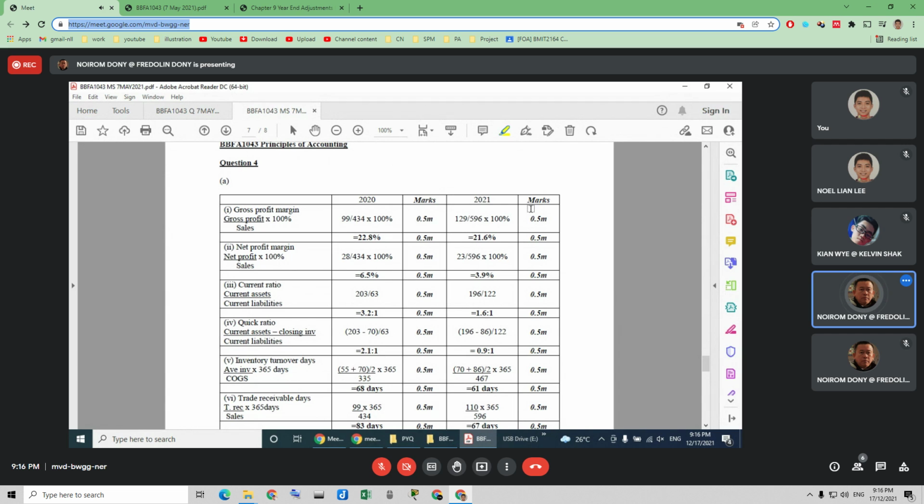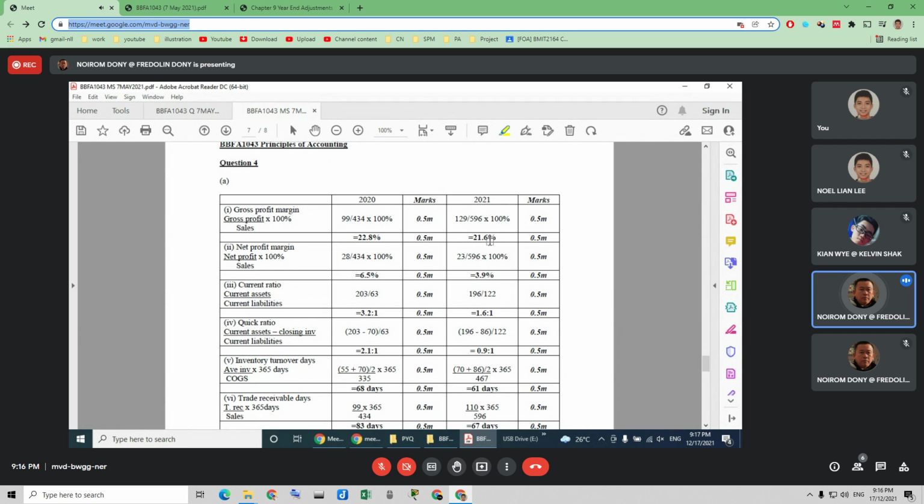Looking at the question, the gross profit is 99,000 divided by 434,000, times 100% for year 2020. Then 2021, the gross profit is 129,000 and the sales is 596,000. Then you times with 100%.